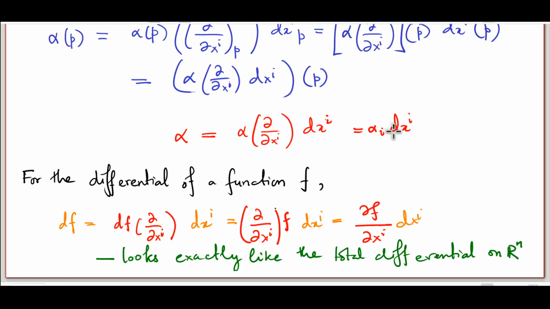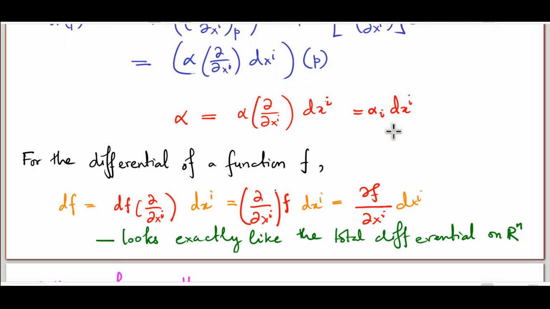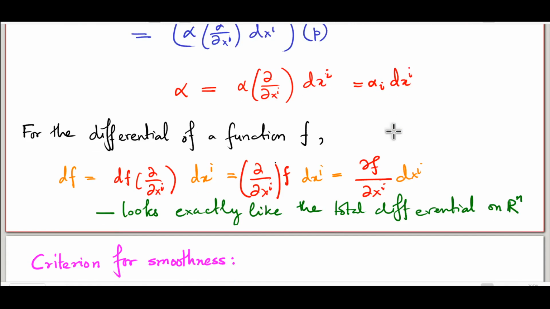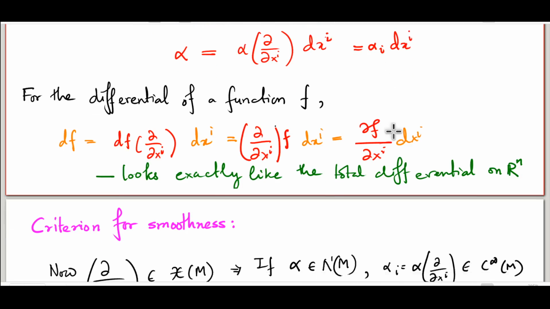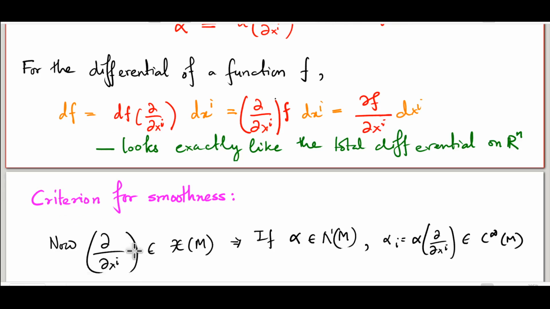Remember, a covector field is defined to be smooth if whenever it acts on a smooth vector field, it produces a smooth function. So if alpha, a covector field, is smooth, then from the fact that the del del xi's are known to be smooth vector fields, something we have already proven before, the alpha i's, which are the results of alpha acting on the del del xi's, must be smooth functions. So if a covector field is smooth, all these component functions have to be smooth.